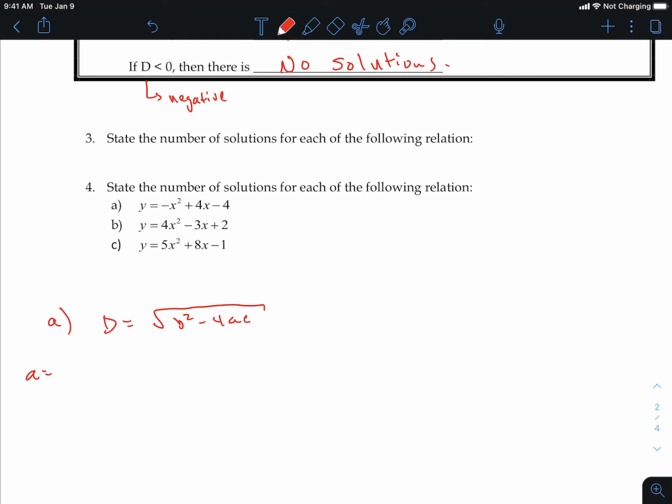I would prefer if everybody just wrote down A equals -1, B equals 4, and C equals -4. Can everybody see where I got those from A? I would actually prefer if everybody did that. Some of you might not need to.